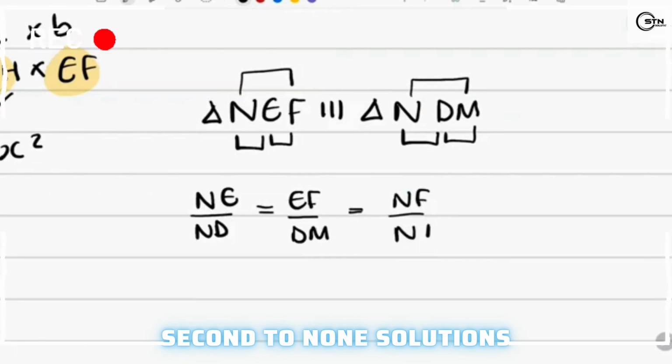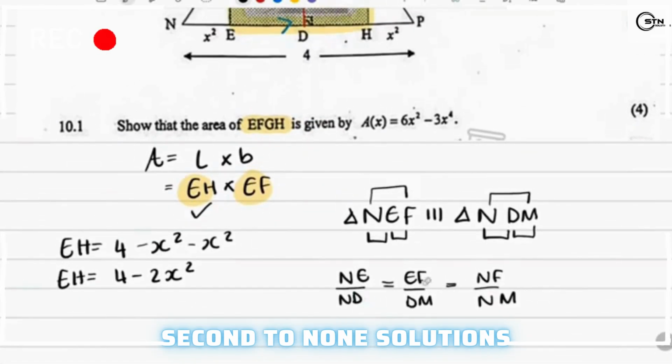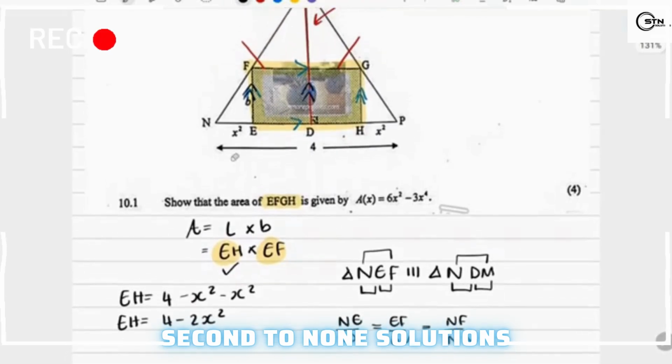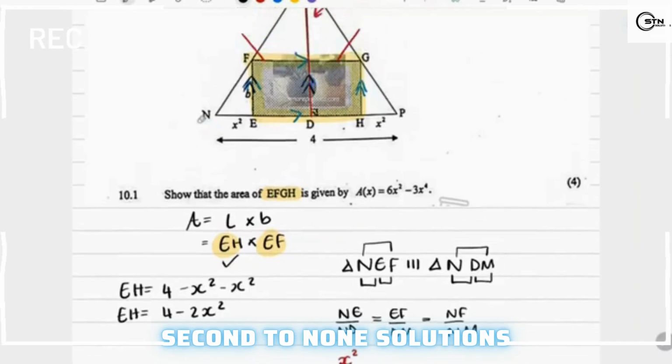So I'm just going to fill in what we have and hopefully we'll be able to find FE. We definitely will be, because it's structured like that. So NE is x squared. That's x squared. And what is ND?